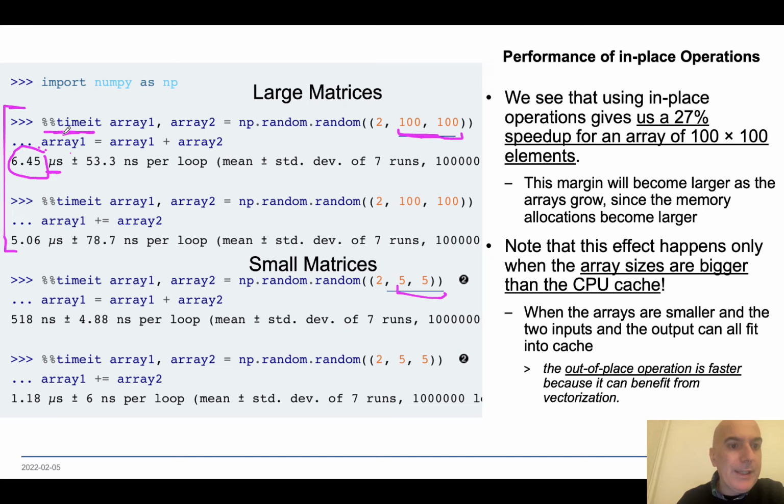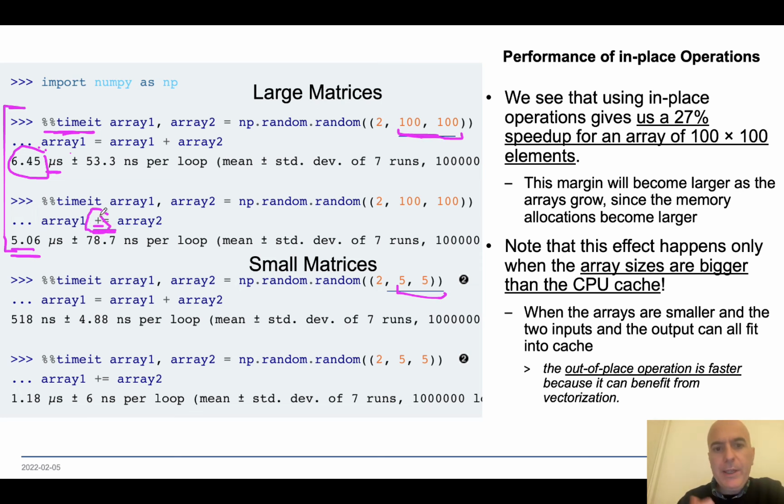If now we time the very same operation but using the in-place operation, plus equal to array2, we see that we get 5.06 microseconds. So you see you get 10-20% of improvement by just being more concise and using the in-place operation.